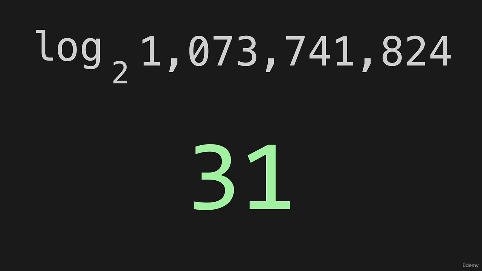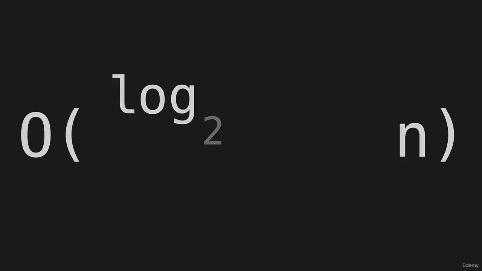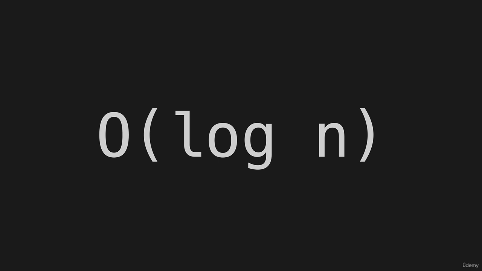So if you think about a list with 1 billion items in it, if you iterate through that linearly from beginning to end, you could have over 1 billion operations. But if you do this process of cutting it in half repeatedly, you can find any number in that list in 31 steps. And that is the power of O of log n.